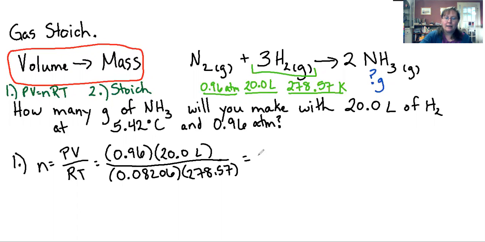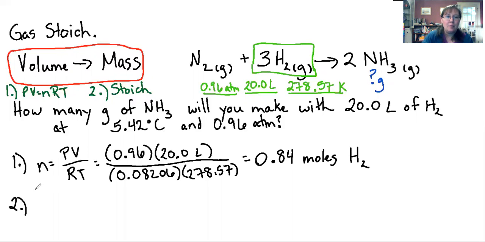And I can have two significant figures now, so this becomes 0.84 moles. Now, it's really important to know exactly which moles we're talking about here. We're not talking about our moles of ammonia yet. We're just looking at hydrogen, which means this is 0.84 moles of our hydrogen gas.